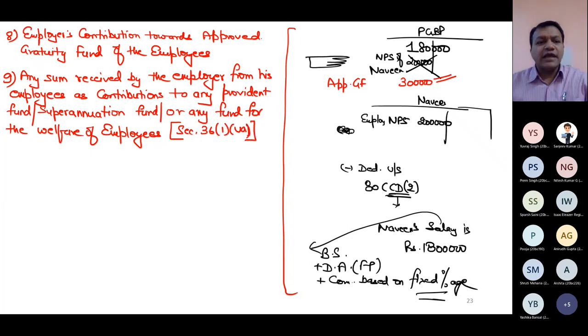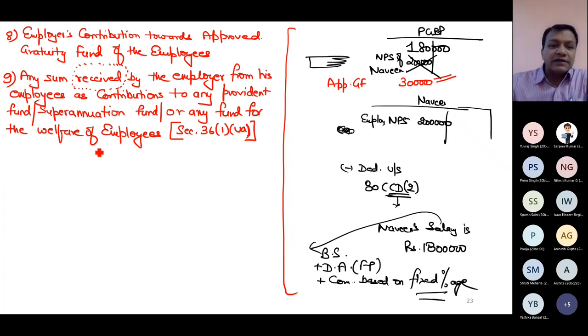See the language carefully. Any sum received by the employer. Received by the employer, that is very interesting. In all other expenses, the employer incurs or pays something. Now he is receiving something. It's very strange. Any sum received by the employer from his employees as contributions to any provident fund, superannuation fund, or any fund for the welfare of employees, that is allowed as a deduction.